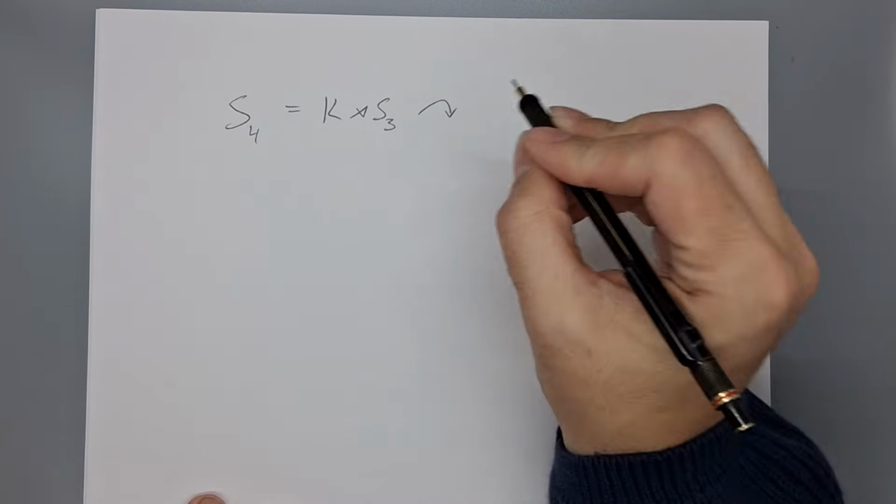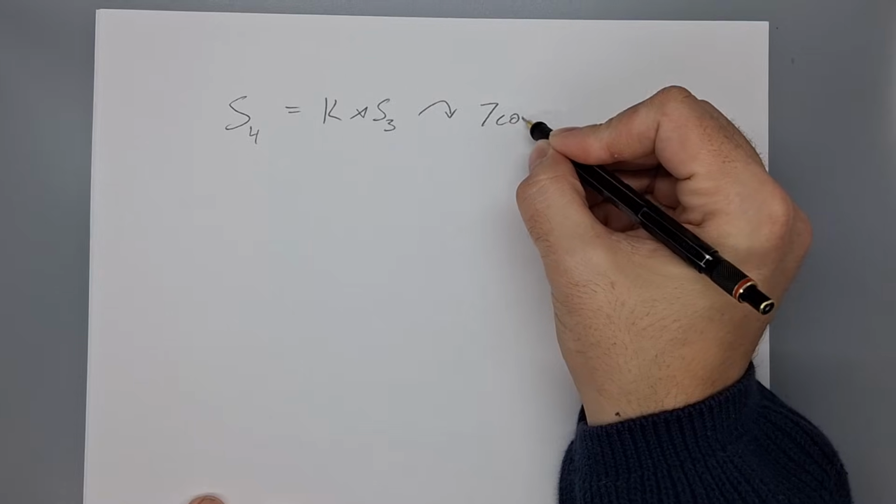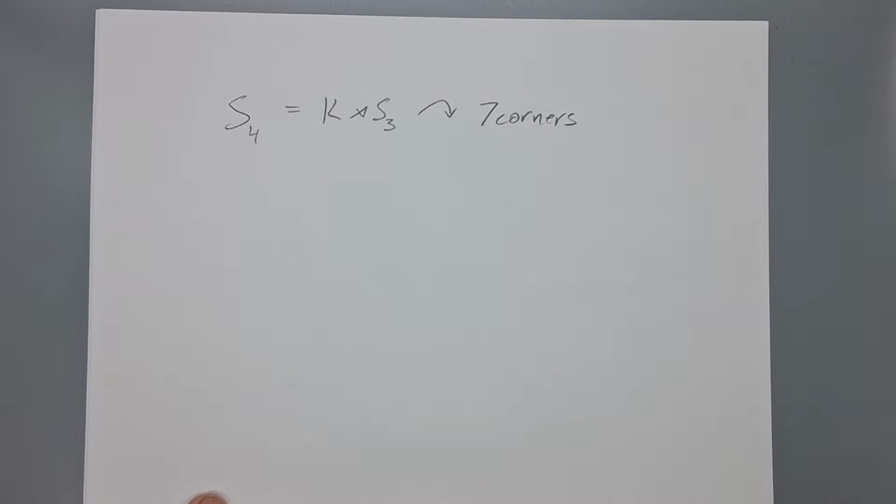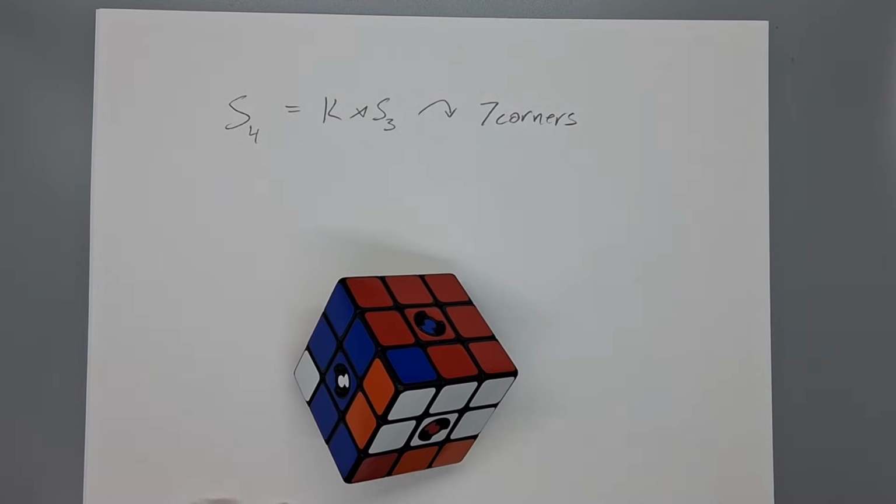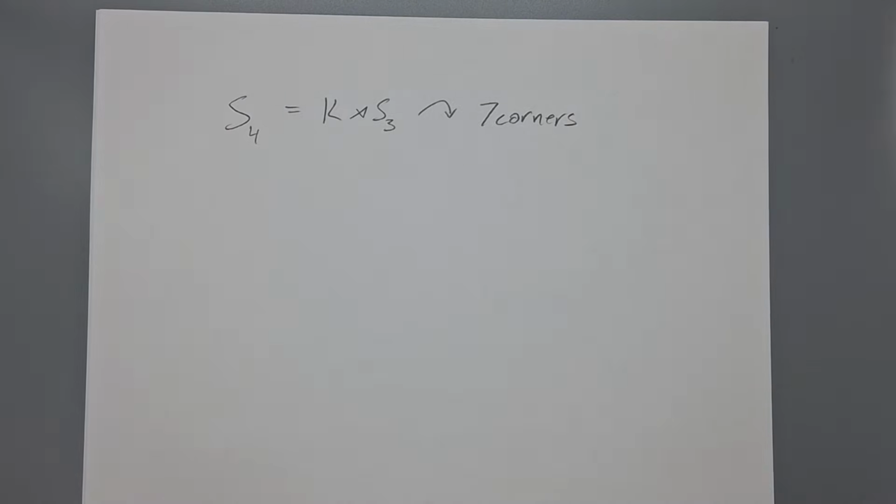And this is acting on the 7 corners of the commutator cube. This is a really funny action. We have the symmetric group realized on the positions of these 7 corners. And it's also really weird to have S4 show up as the group for a puzzle.